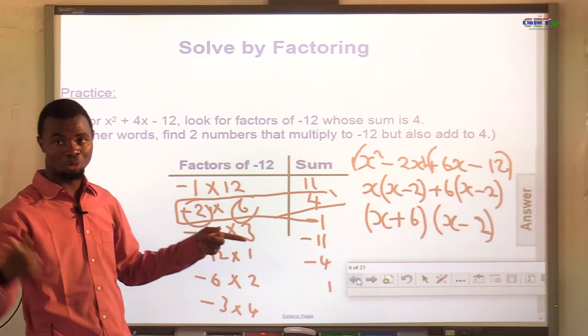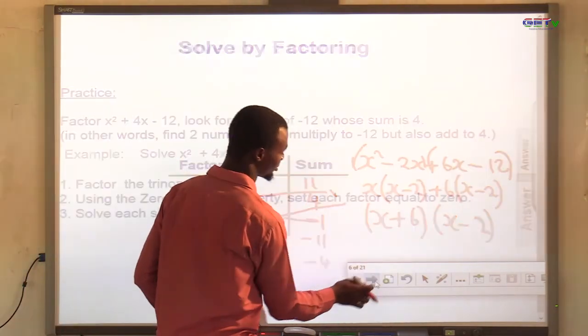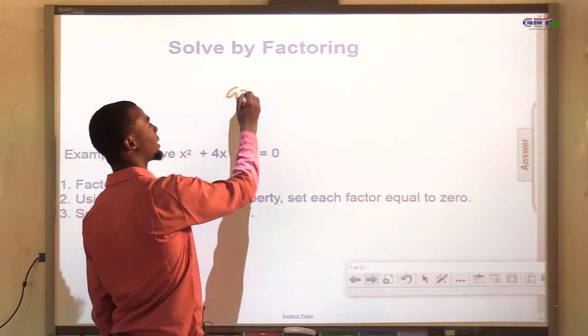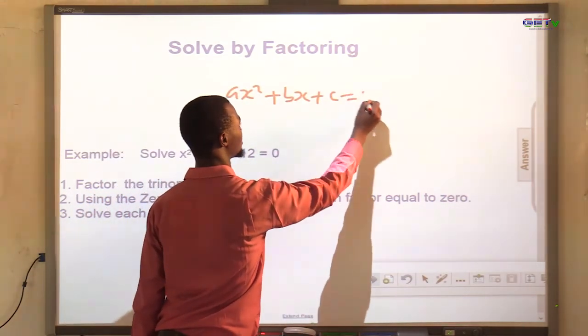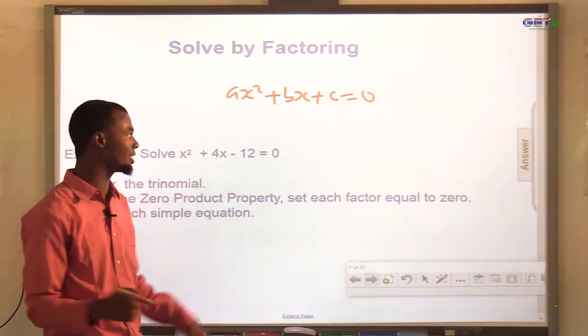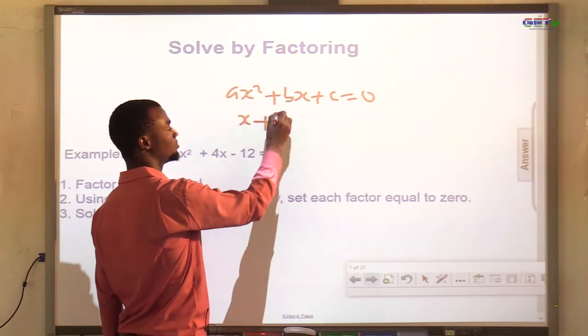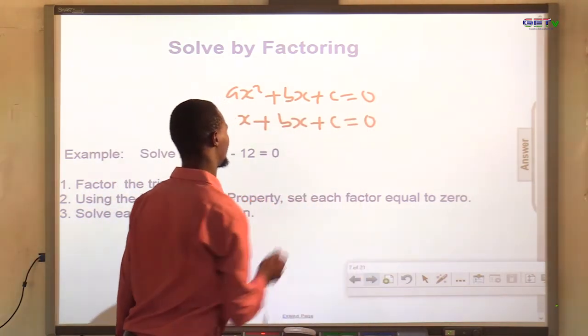If you go to the first slides, the one we started with is in the form ax squared plus bx plus c equals 0. The one we just finished dealing with is in the form x squared plus bx plus c. This is now equals to 0.